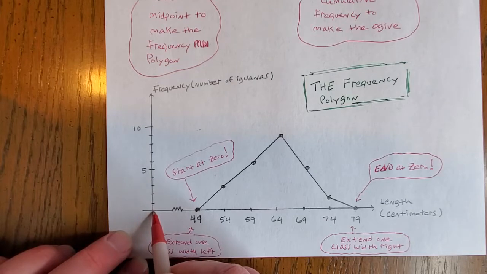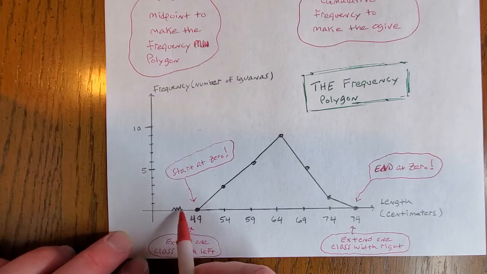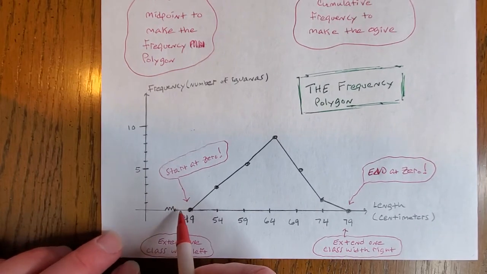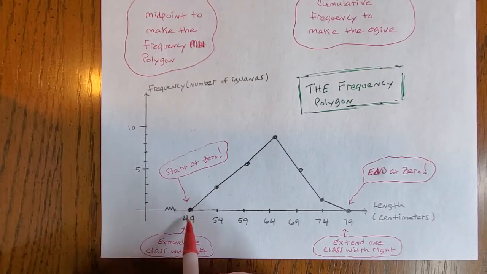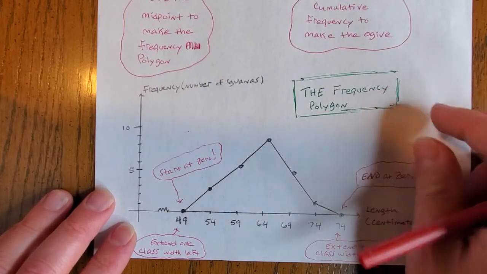That's 0. So it would be a little bit awkward to count all the way over to 49. So this zigzag is just a notation that means we skipped part of that and we're starting at 49, because it would be awkward to draw the whole thing, okay? All right, so there's your frequency polygon. That's what you do for that.